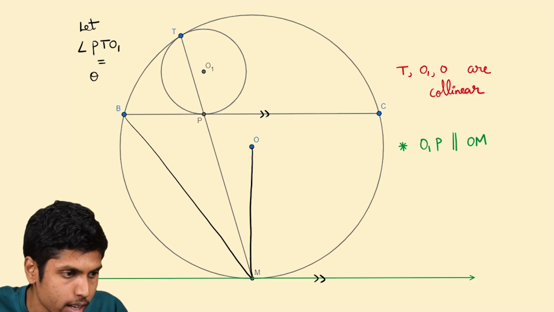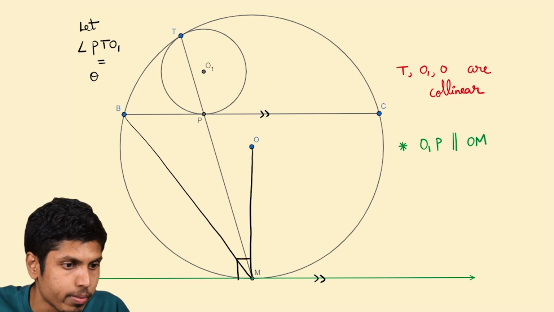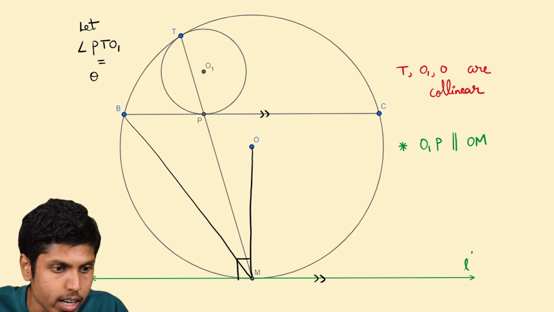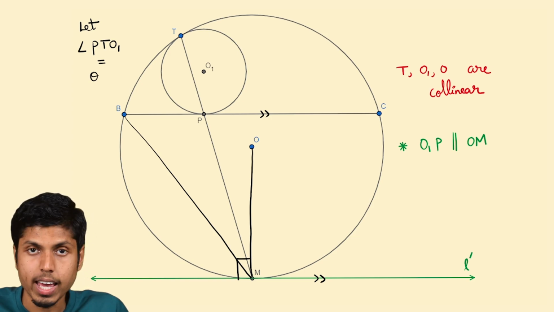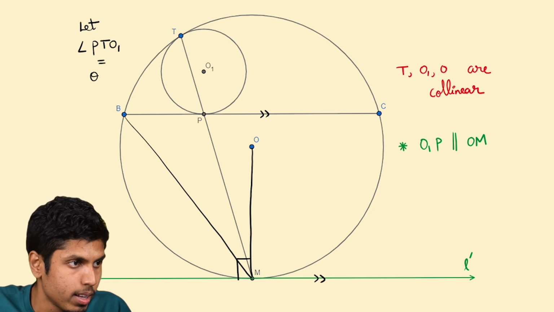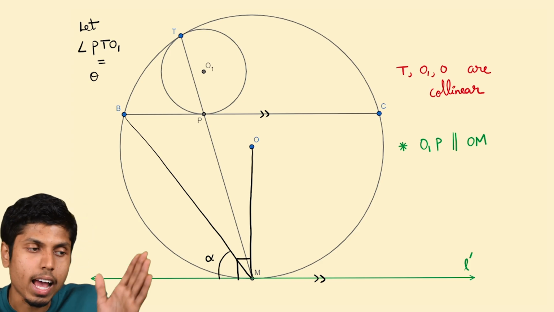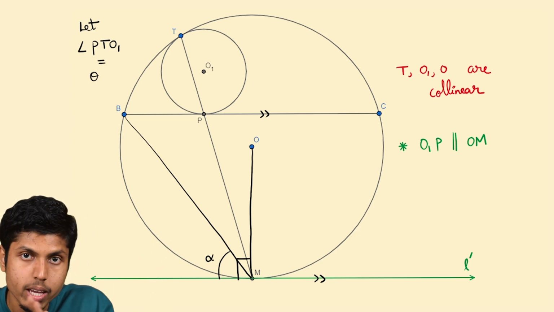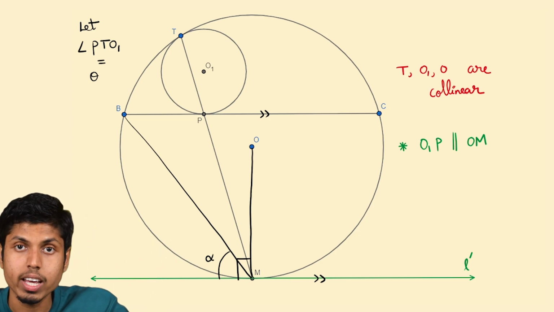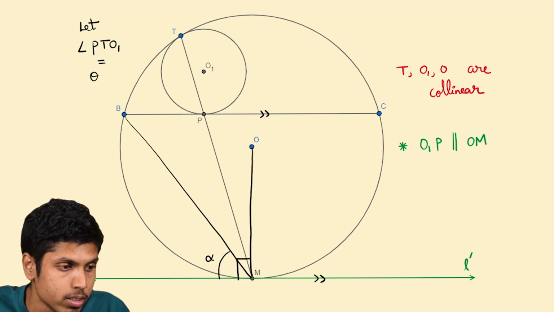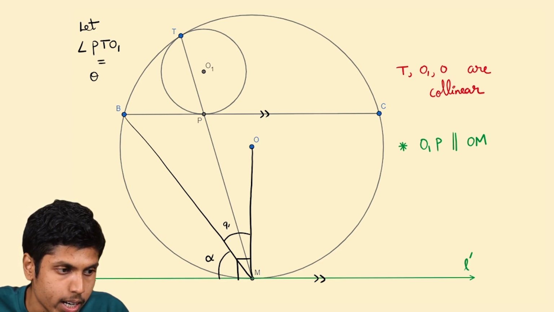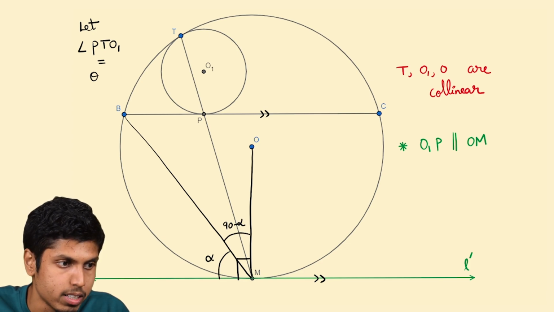Notice that the angle made by OM and the tangent at M, say L prime, is 90 degrees. And let's call this angle alpha. That is the angle made by the chord BM with the tangent line L prime. So this angle will be 90 minus alpha, a simple angle chase.